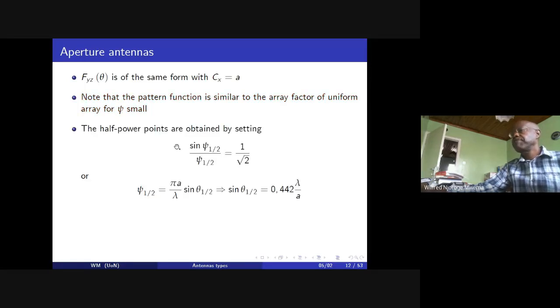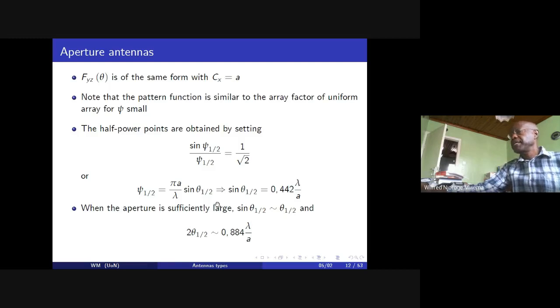So the half power points are obtained by setting sine of psi at the half power point divided by psi at the half power point equal to 1 over root 2, in the usual definition of half power points. Or, in other words, psi at the half power point is going to be given by pi a by lambda multiplied by sine of theta at the half power point, or a value of 0.442 multiplied by lambda by a.